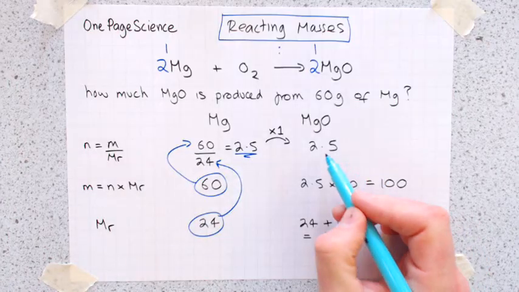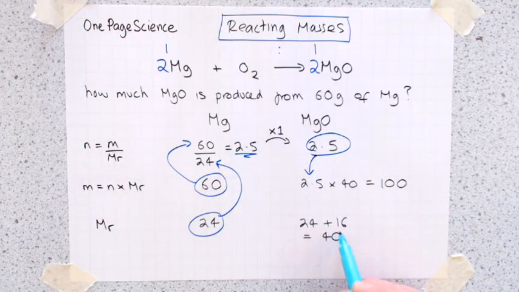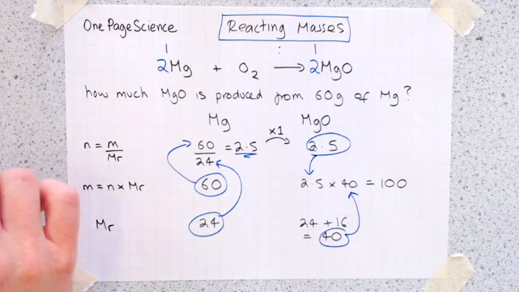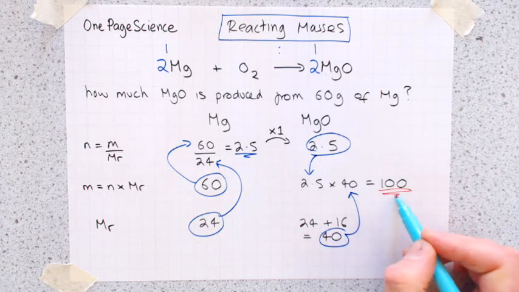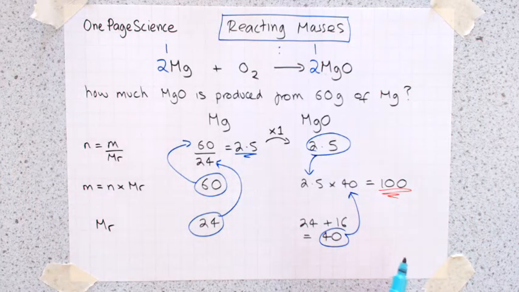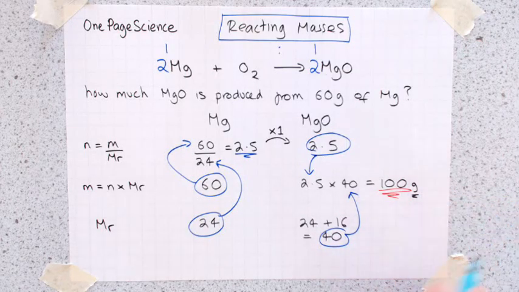To show you where the numbers have come from: number of moles has come from there, relative mass has come from there, and this 100 is our final mass. Now a trick for these: sometimes you'll be given values in grams, kilograms or tonnes, whatever unit you were given in the first place. So 60 grams, the units will be the same when you get over this side. So the answer is 100 grams.